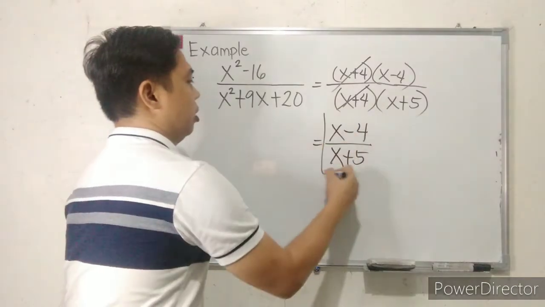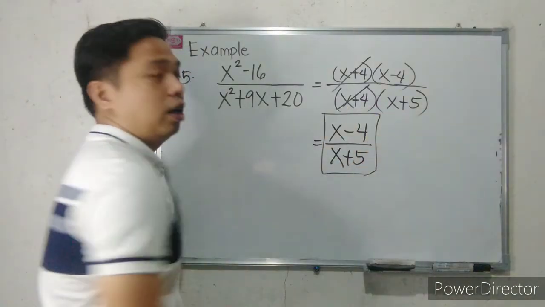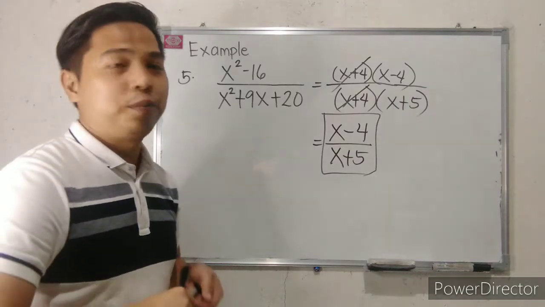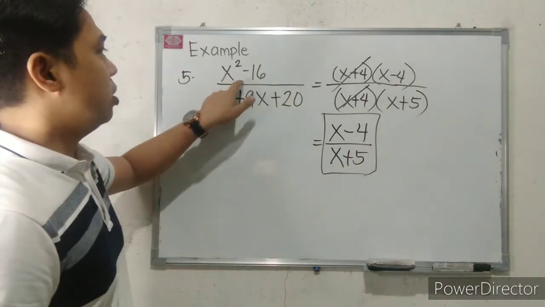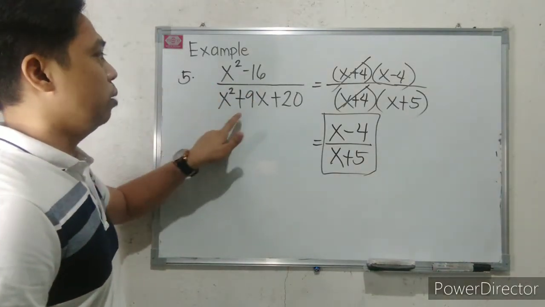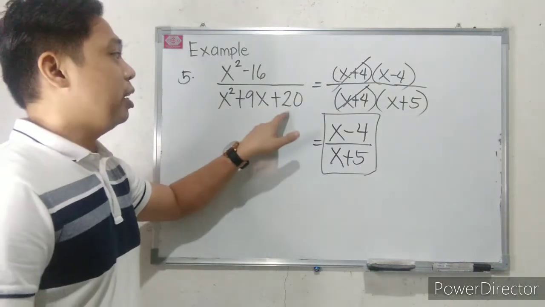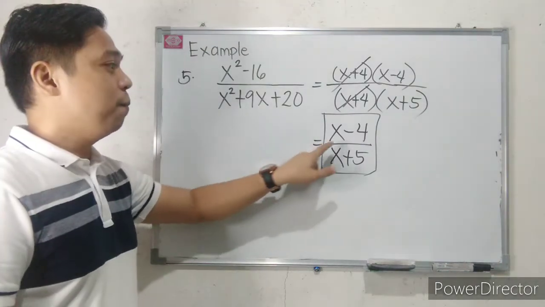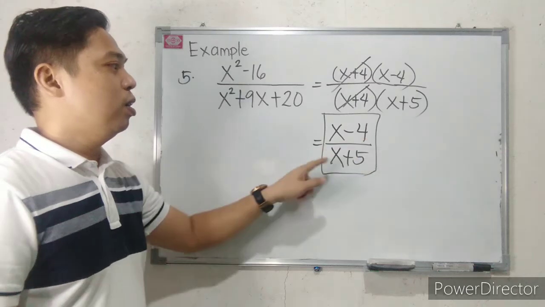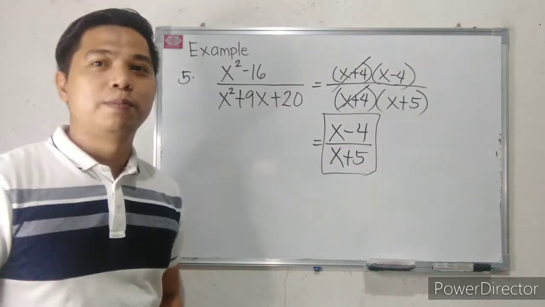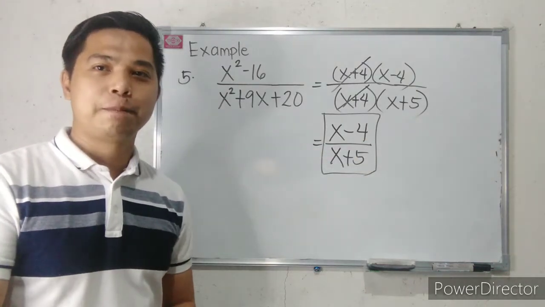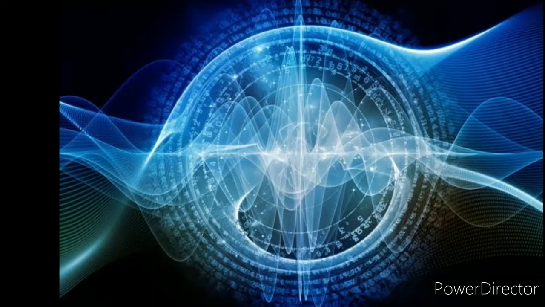And there you go. Ito na yung ating final answer. So, therefore, x squared minus 16 all over x squared plus 9x plus 20 is equal to x minus 4 over x plus 5.